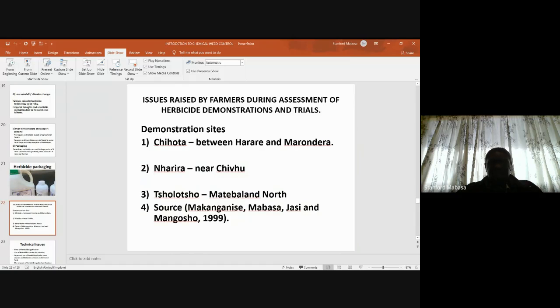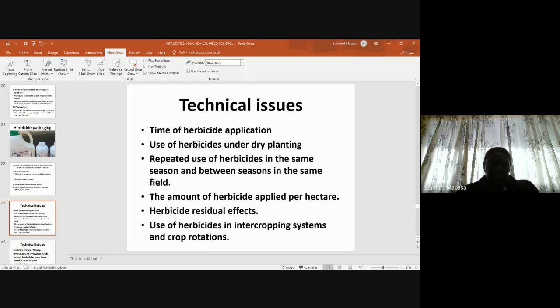These are some of the issues which came out of trying to introduce herbicides in Chiota, near Marondera. It's between Marondera and Harare, then Narira near Chifu, and Chorocho in Matebeleland North. Some of the issues talking to farmers relating to herbicides could be classified under technical issues.